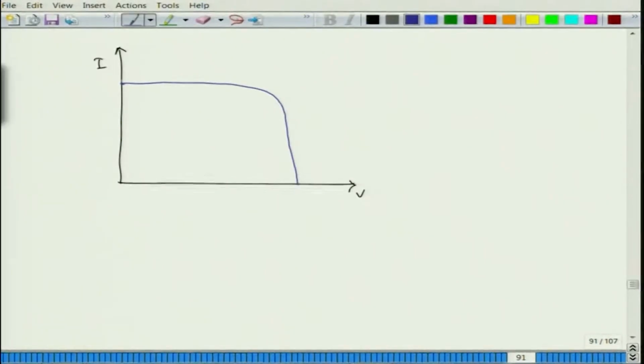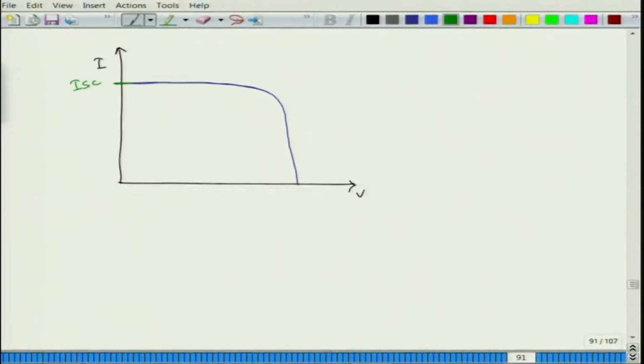Okay. So, earlier we were doing just a schematic diagram, now we are trying to make it a little more realistic to what we get. Okay. Now, the point where it cuts the I axis, we call it ISC or short circuit current.